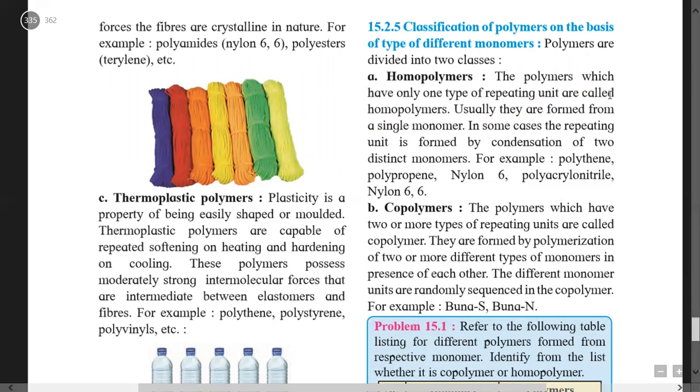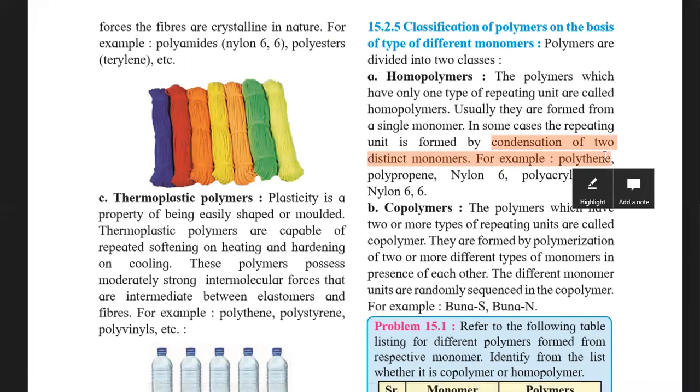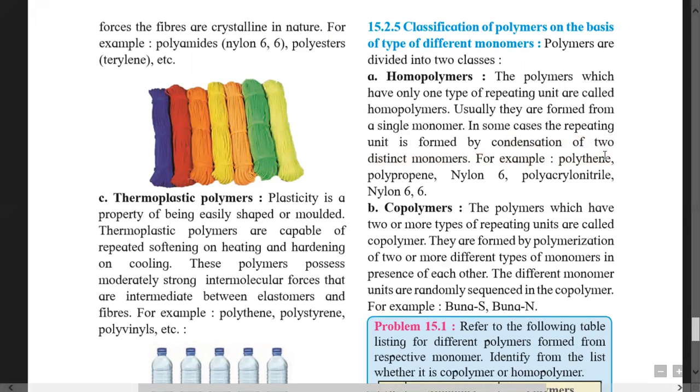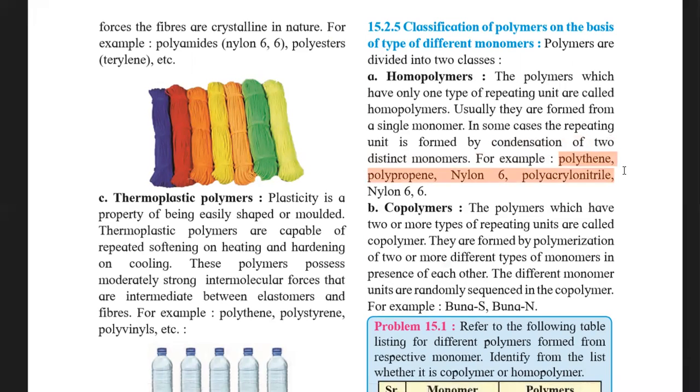In some cases, the repeating unit is formed by condensation of two distinct monomers, so two units get joined and then polymerized. Examples are polythene, polypropene, nylon 6, polyacrylonitrile, and nylon 6,6.